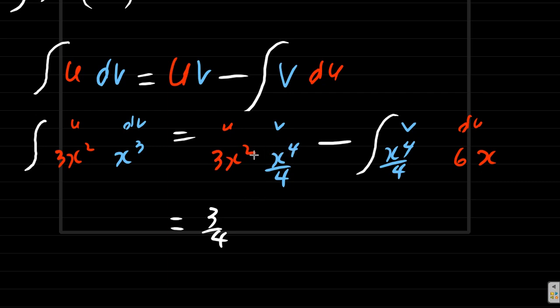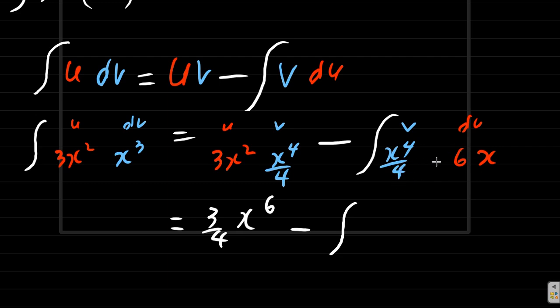We add the indices, and we get x to the 6th, minus the integral of v du.